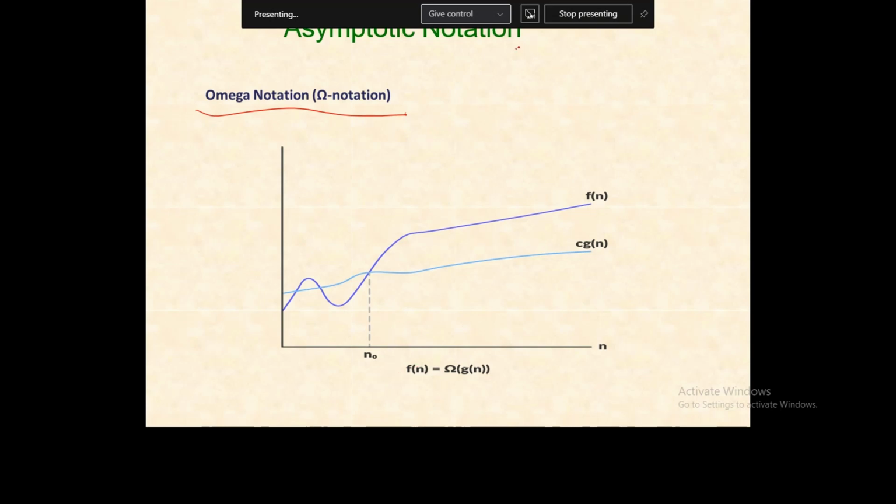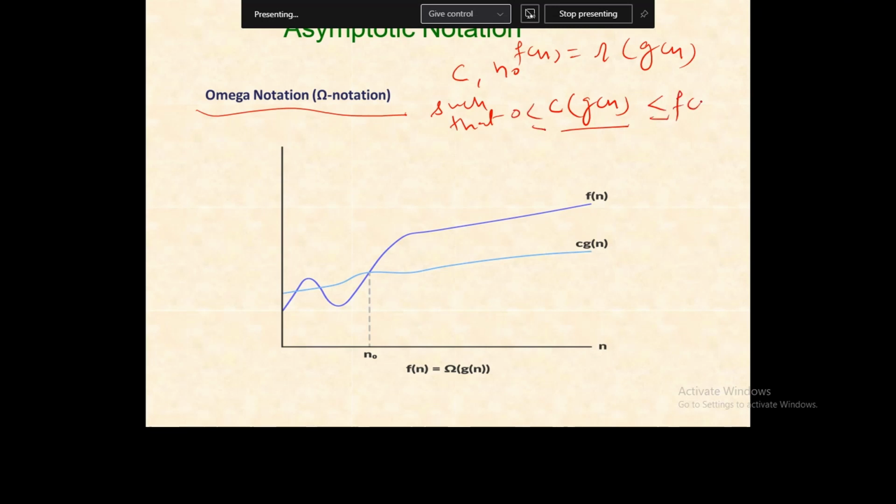I'm just writing here: f(n) equal omega of g(n) if there exists a positive constant c and an integer n naught such that c g(n) lies between 0 and f(n). Okay, if this is true.